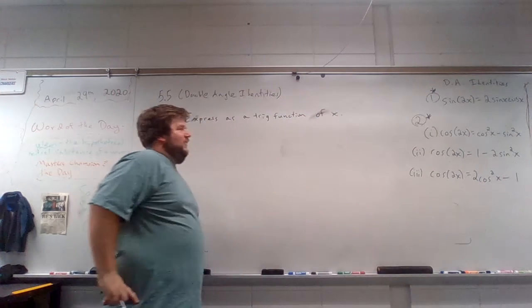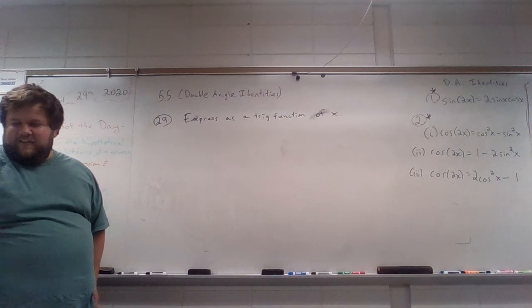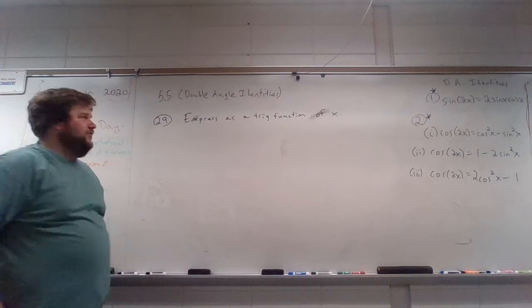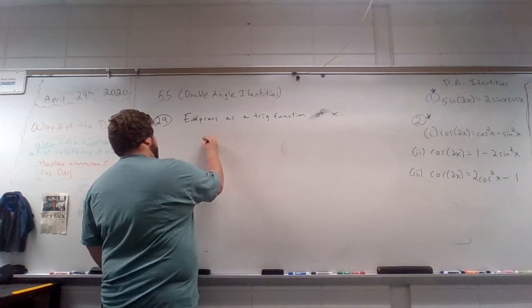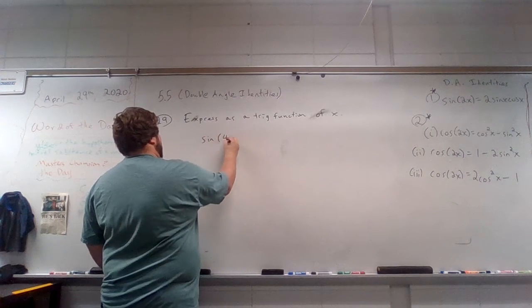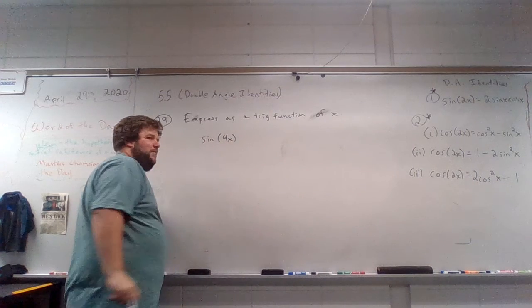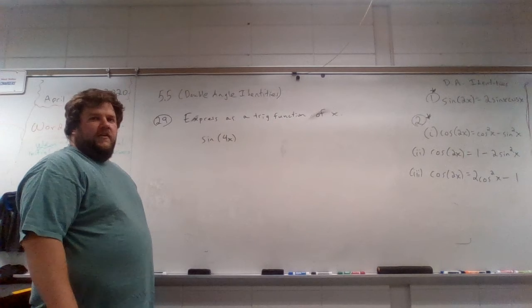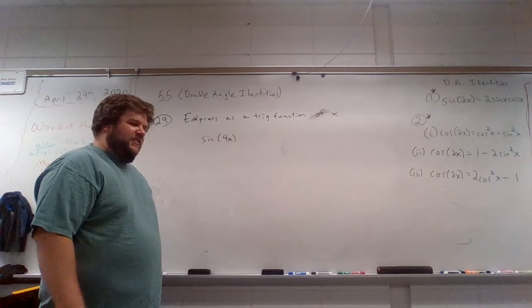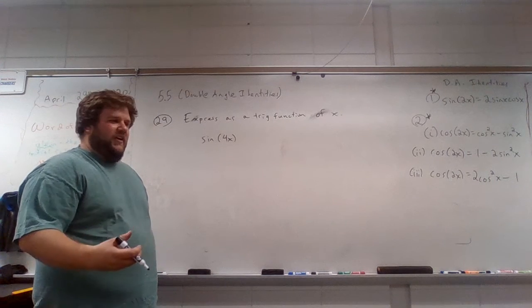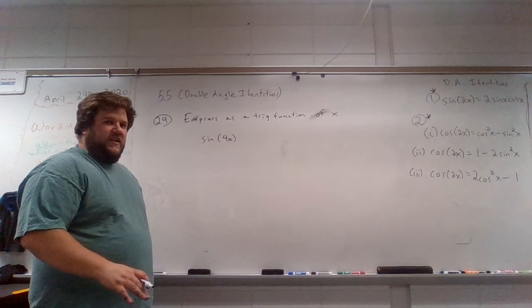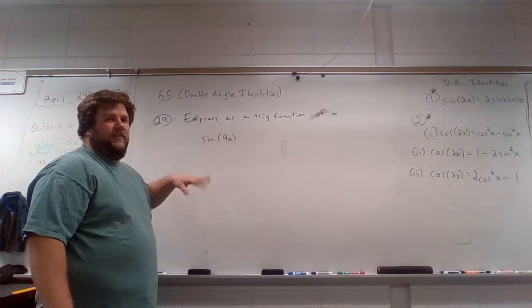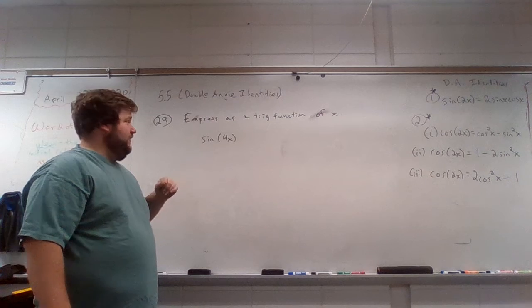I don't necessarily like them asking a question like that. It makes it seem like this isn't already a function of x. But the argument is 4x, and they want the argument to be x for all the functions. So the idea is, I want to get this as a function of sine x and cosine x. There shouldn't be anything but those. No sine of 4x or sine of 2x or any of that stuff.